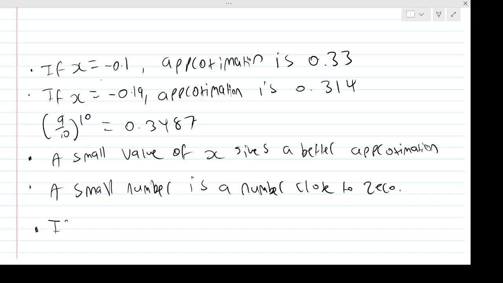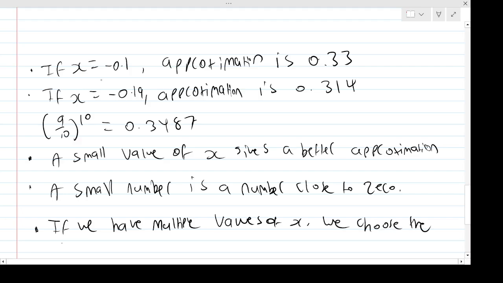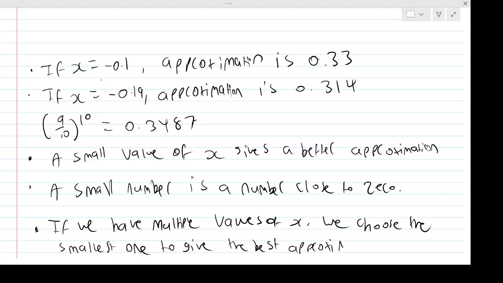So if we have multiple values of x, we choose the smallest one to give the best approximation. We can think of ways to get smaller and smaller values of x to eventually get better and closer approximations to the true answer. Okay.